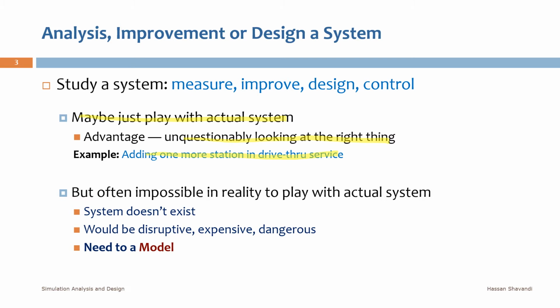So yeah, this is why we need a model for a system, because it could be disruptive, it could be expensive, or it could be dangerous, right? So in these cases, we need a model. So we have to build a model of the real system, and then we will work on the model.